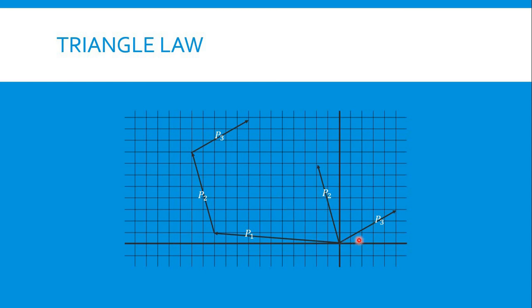So, in order to get the total resultant of these forces, we could simply draw the resultant force here starting from 0 going to the tip of P3. So this is the total resultant force, disregarding the other two, and this is the triangle law. Why is this called the triangle law? When you form a line in the middle of this, you can form a triangle.